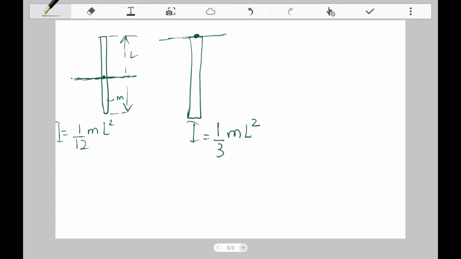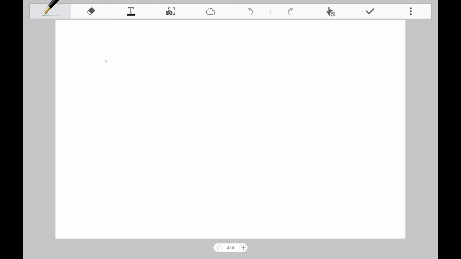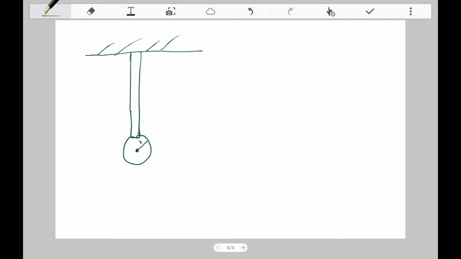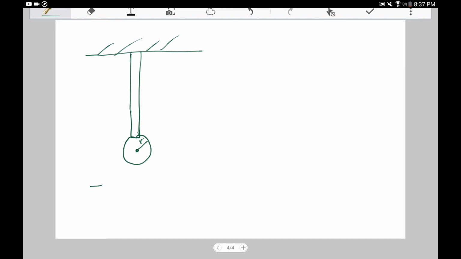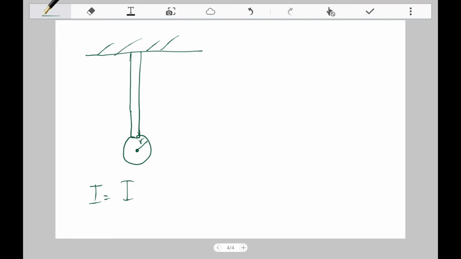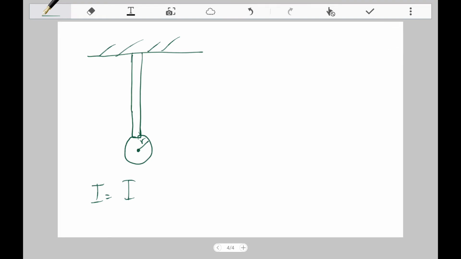Okay, so let's move on to the third system, which is when you have the pendulum with a rod, and you've actually got a bob with a radius R. So in this case here, what you do is, you do your I shape, which is a rod, and then your parallel axis theorem, so that's the center of gravity.